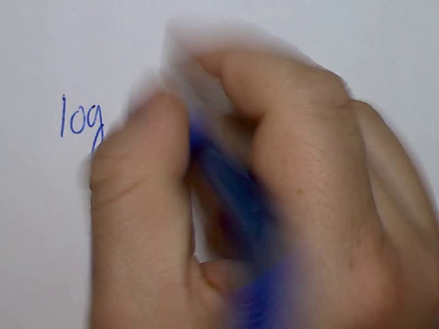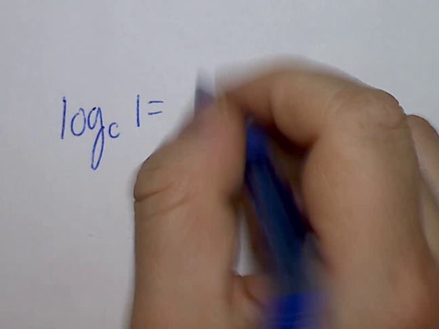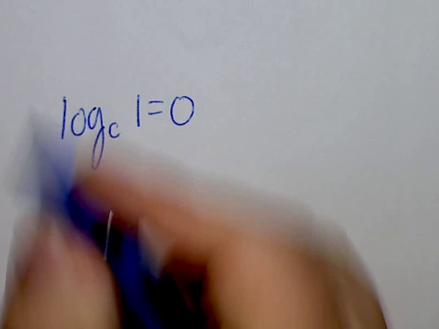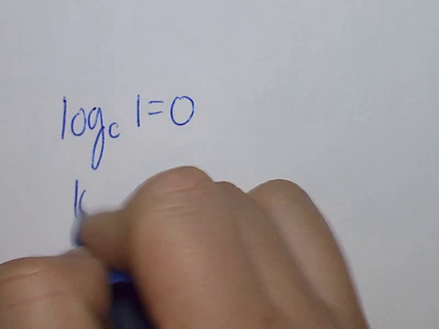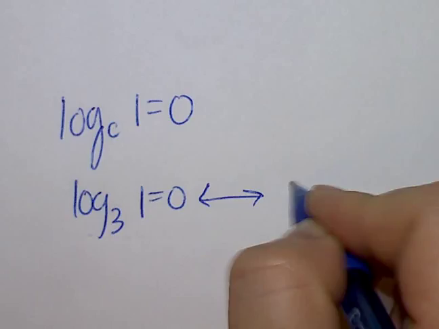Your second rule involves a 0. Let me just write it down. C can be any number that is positive. So if I use 3, log base 3 of 1 equals 0. That means 3 raised to the 0 power is 1.